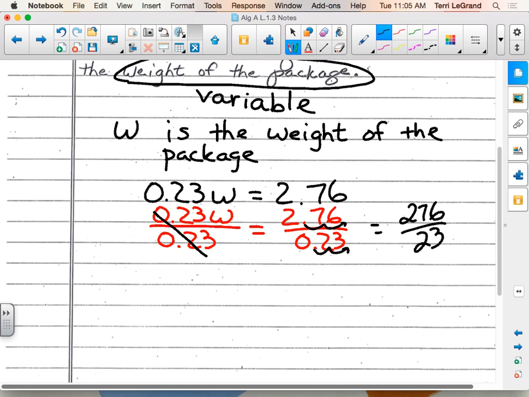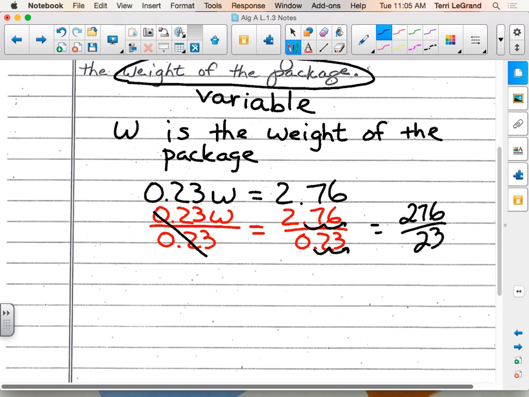How many 23s are there in 27? 1. Okay. What's 27 take away 23? 4. So we put that 4 in front of that 6. That's 46. Anybody know how many 23s there are in 46?